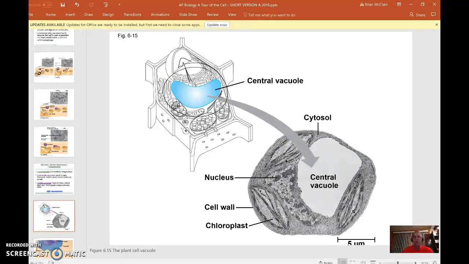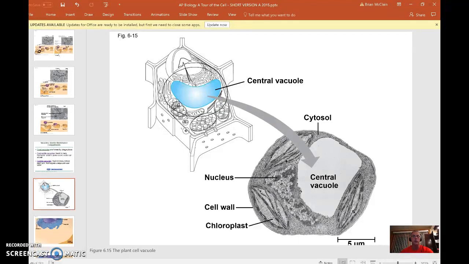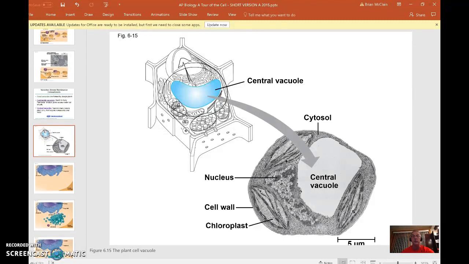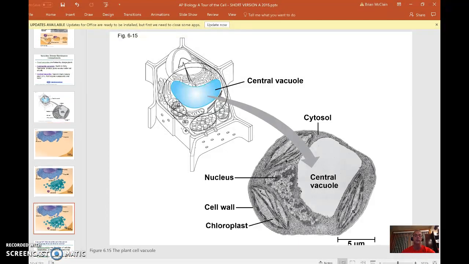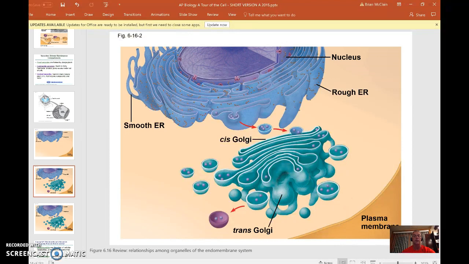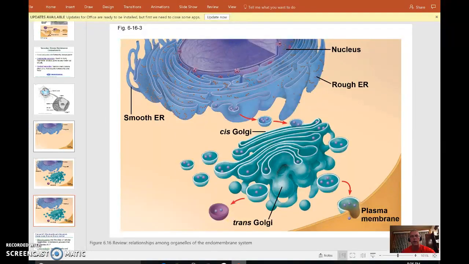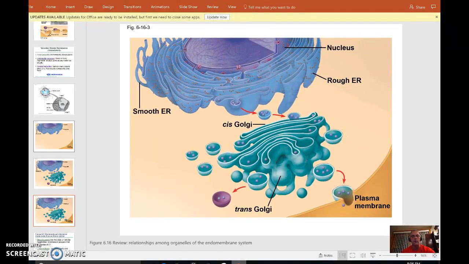So that will bump it over to the side, and we'll get a structure that looks like that. Aside from ions and other nutrient material, occasionally you're going to get some toxins in there and some substances that might be what we would consider irritants, which might be defensive in some cases for an herbivore or against an herbivore. Okay, so that kind of gives us our rundown of the endomembrane system.